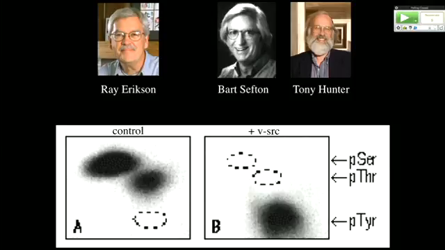He purified the protein, and he put it in a test tube, and he started looking for some kind of activities. And the one activity that he identified came about when he put ATP in the test tube together with purified Src and a mixture of cellular proteins.